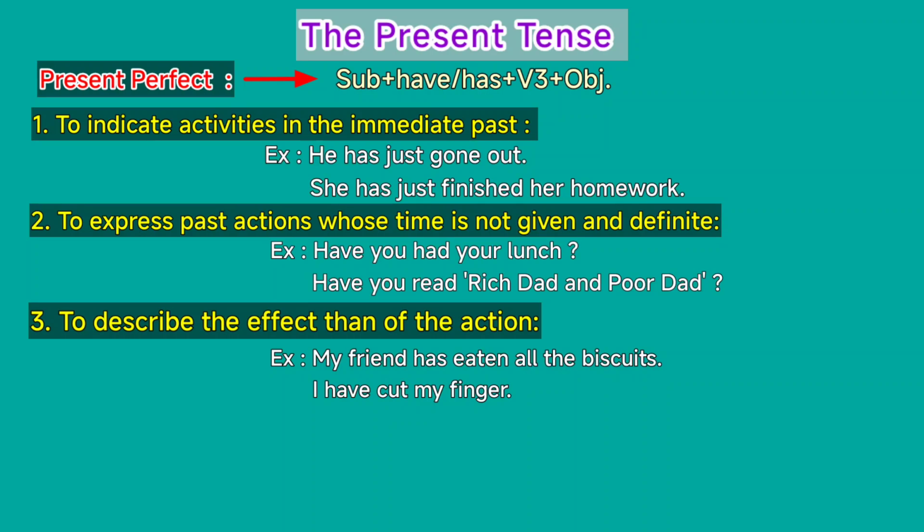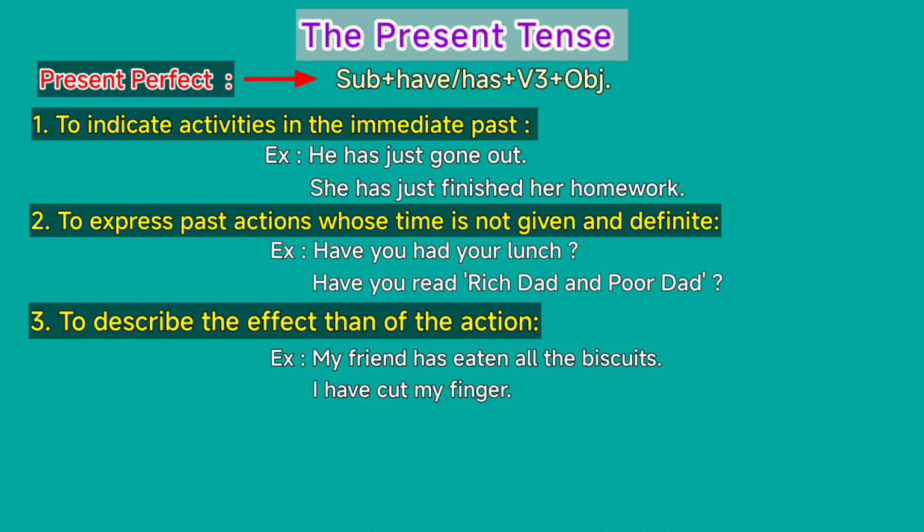We have the impact that he has eaten our biscuits. I have cut my finger. Actually, cutting the finger had already happened, but the impact of the action still stays, still bleeding, no? After cutting, the bleeding continues. At the time of speaking, the impact of that work stays, so we can express it in present perfect.